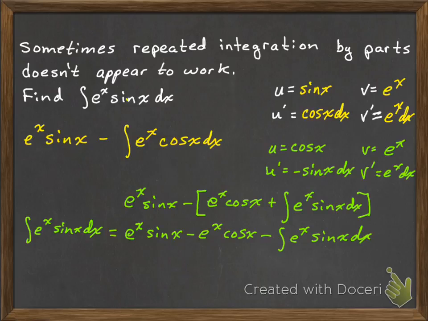Now, what that allows us to do is treat this as an equation where we can add this integral over to this side of the equation. And these integrals are the same integral. So if we add this integral over here, what it's going to give us is 2 times the integral of e to the x sine x dx is equal to this.